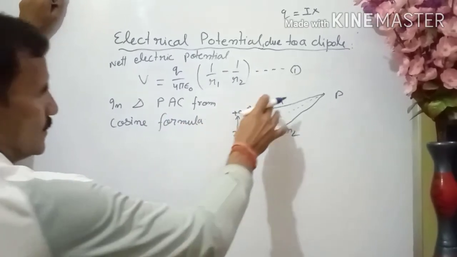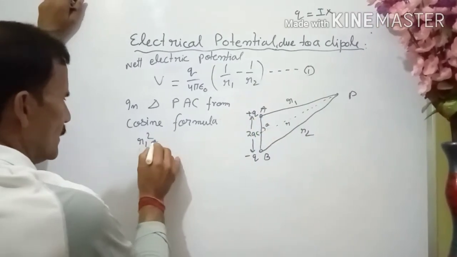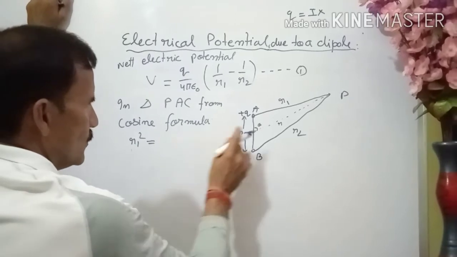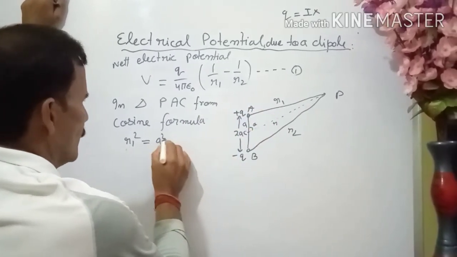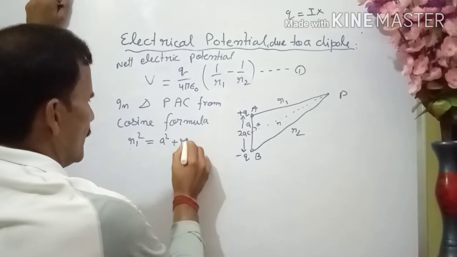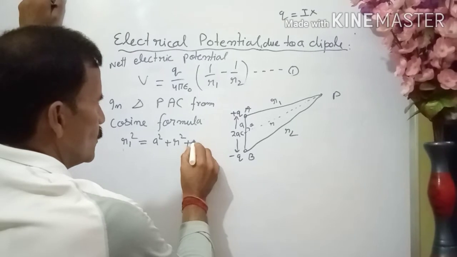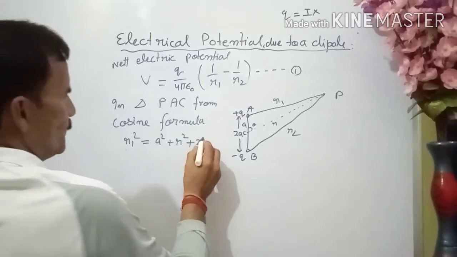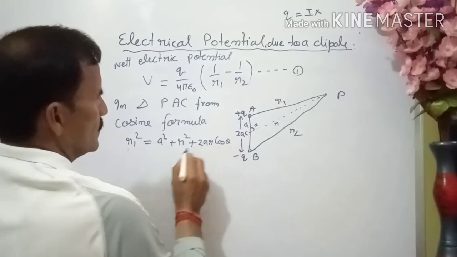You have done trigonometry. So what is the cosine formula? R1 square is equal to A square plus R square plus 2AR cos theta, where A is the middle point distance.